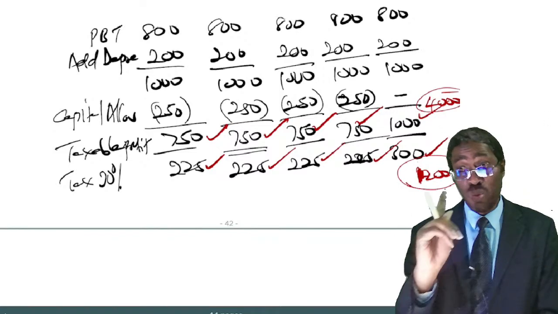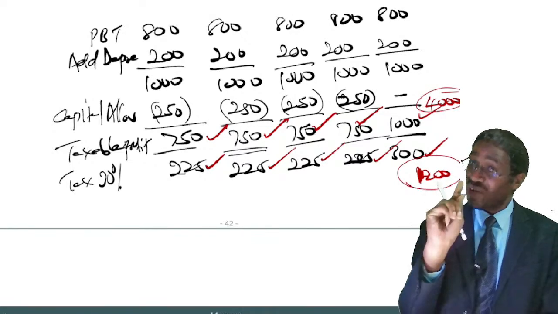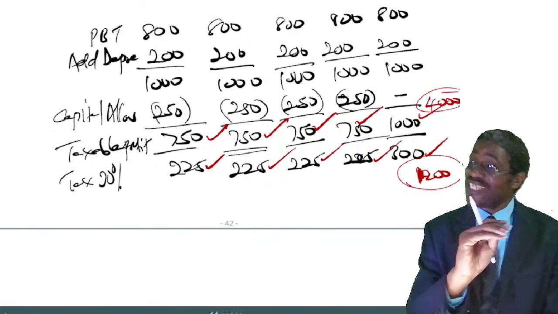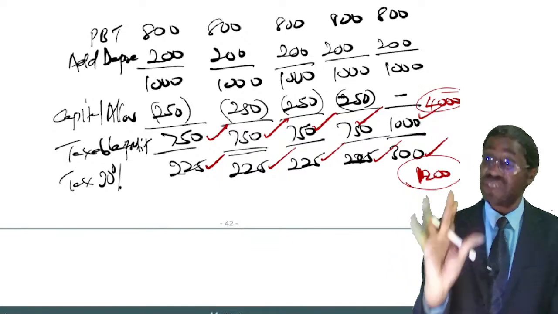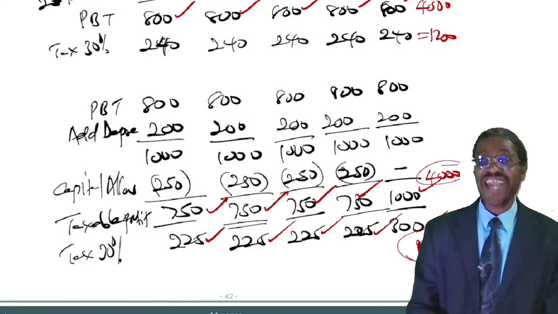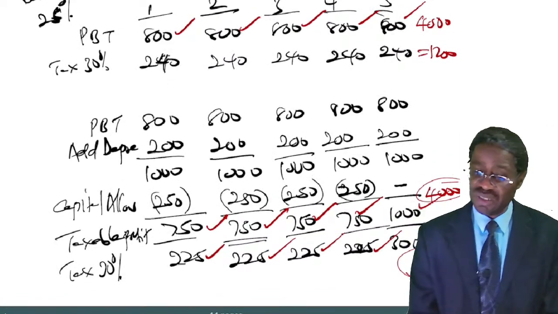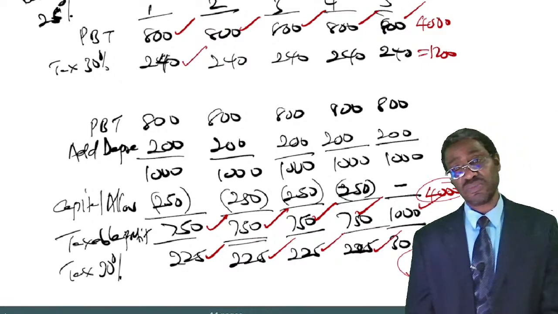Now, let's go 1 year after the other. We have seen that in the long run, the position looks to be the same. But if I look at the position now per year, now listen carefully, I thought as a businessman, I'll be required to pay 240.